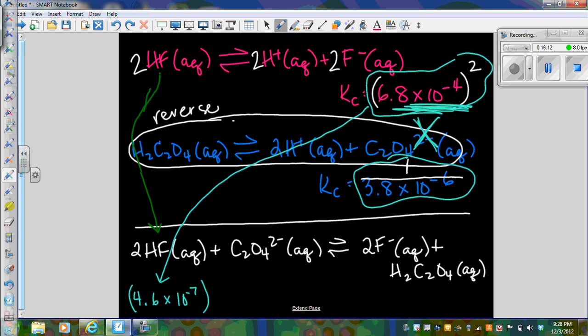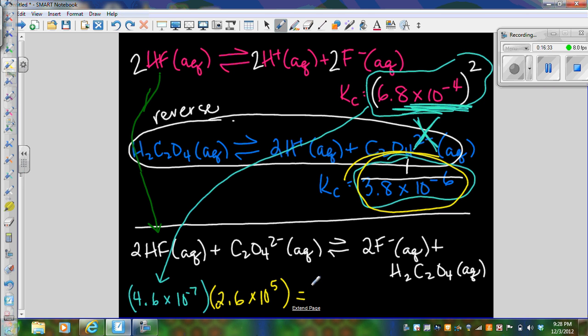Okay, I'm going to switch colors. I'll use yellow. So I'm going to take my answer to this, and I get 2.6 times 10 to the 5th power. I'm going to multiply those two together.